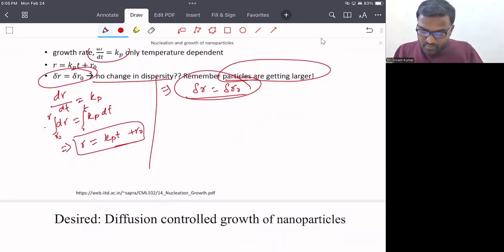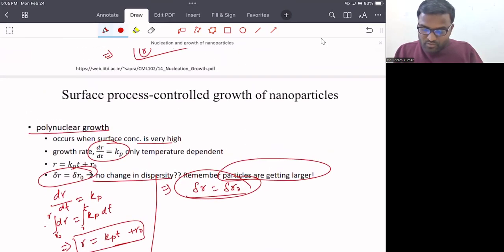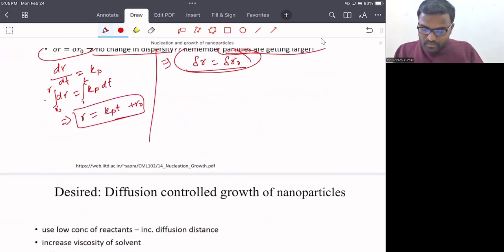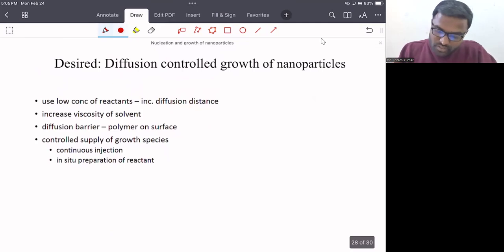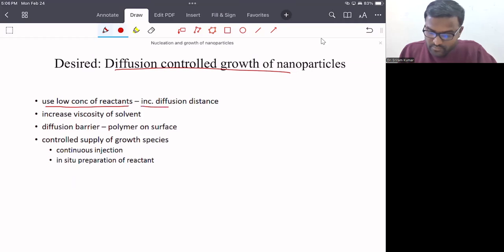From this kind of discussion and concept, we understand that the diffusion control process is the desired process, because in the diffusion control process, we have uniform particle size of the materials. Here in the diffusion control process we use low concentration reactant, which increases the diffusion distance, and because of this distance, we have an increase in time.